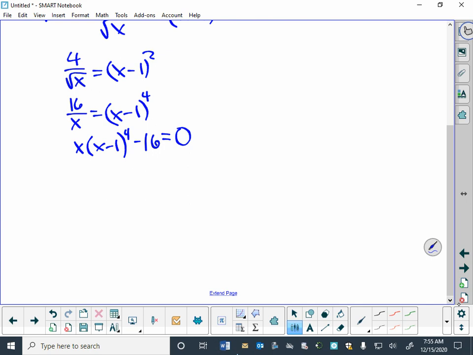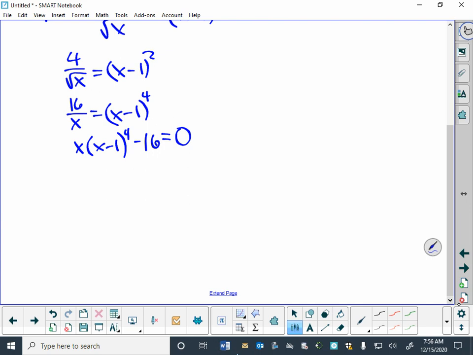So x times (x minus 1) to the 4th power minus 16. Let's take a look at what we are looking at here. I definitely have a 0 visible here.